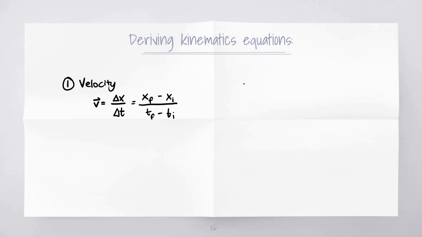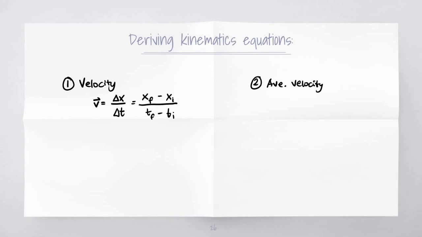Alright, next, the second most essential kinematic equation will be average velocity. So what if we encounter a problem that says there is a single particle that has two different velocities and we want to arrive at a single velocity?